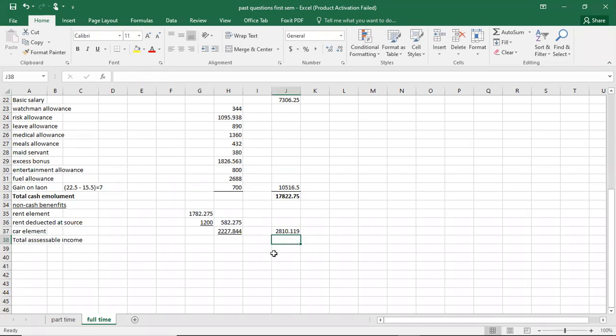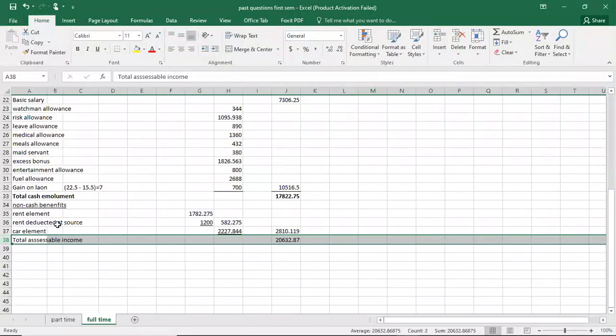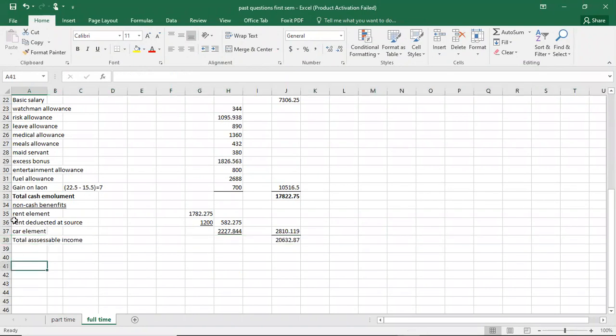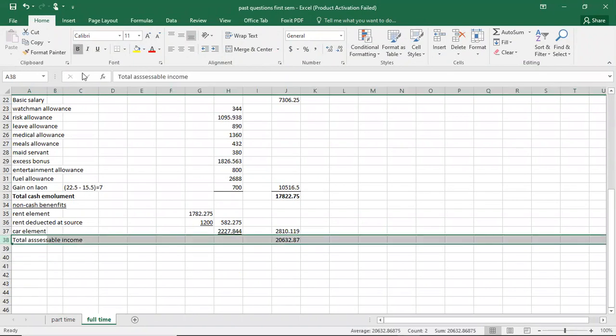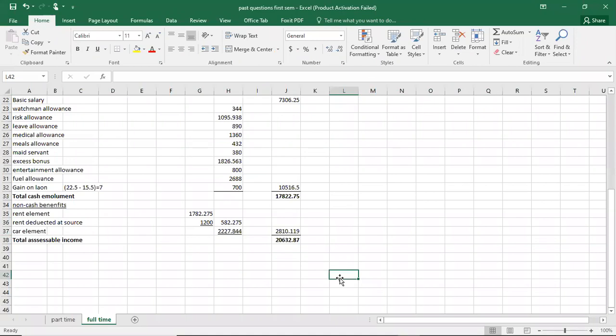So our total assessable income is going to be equal to this plus this. So the total assessable income is equal to 2632.87.